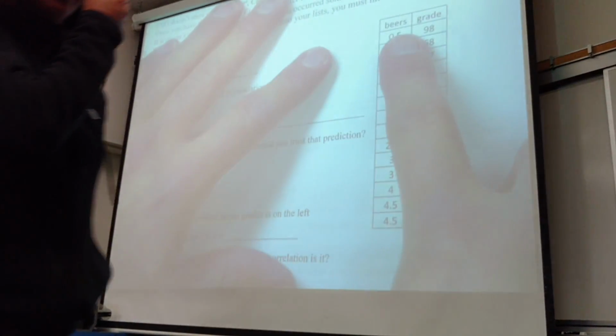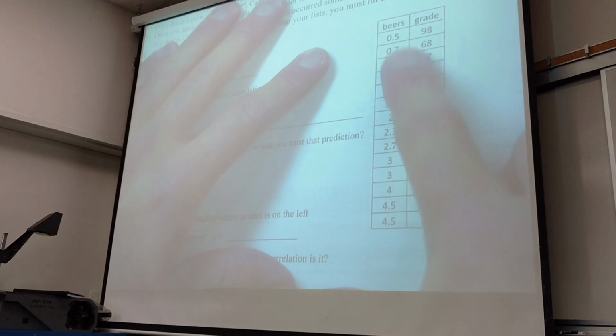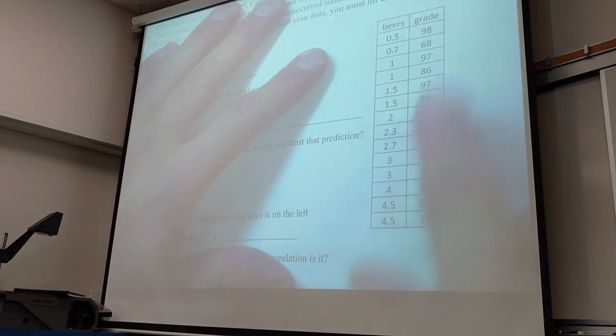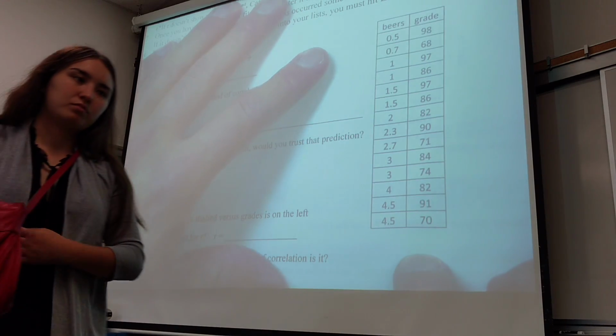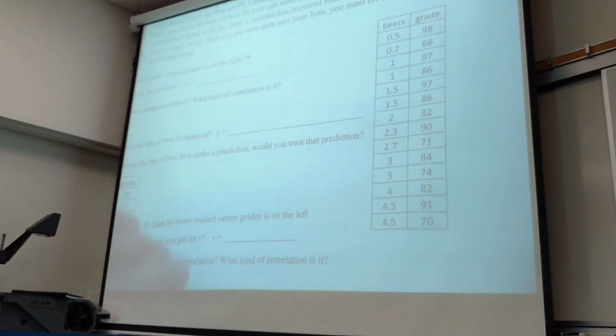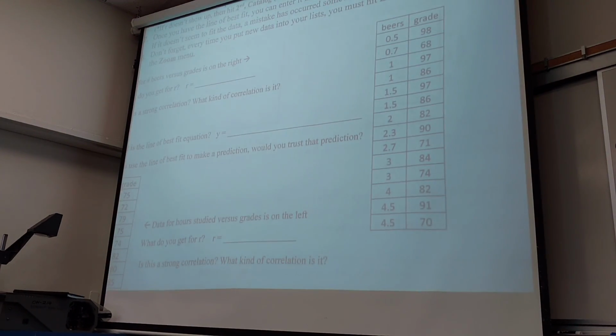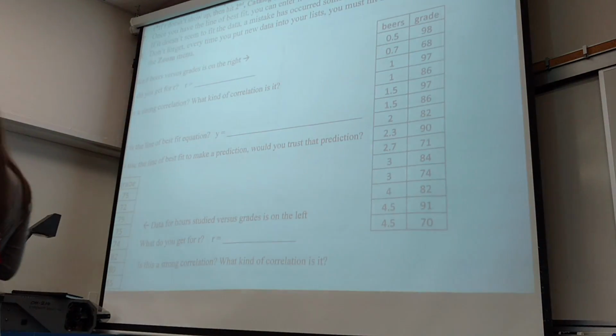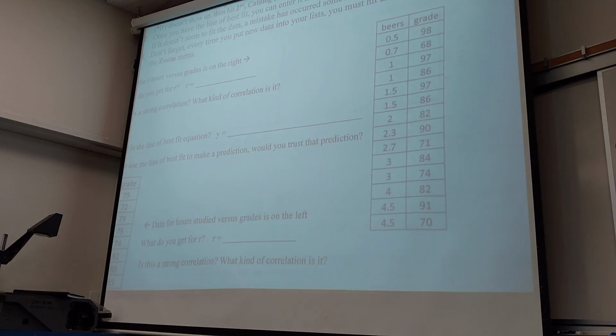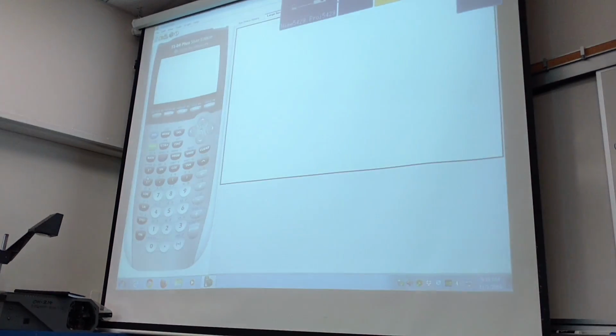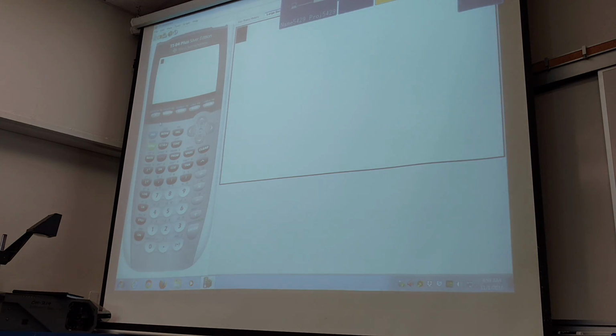I'm going to use this data here for the number of beers I drank and the grade that I get on the test the next morning. You guys see that data on the back of your handout? Let me switch this over to the calculator real quick. This is kind of nifty.